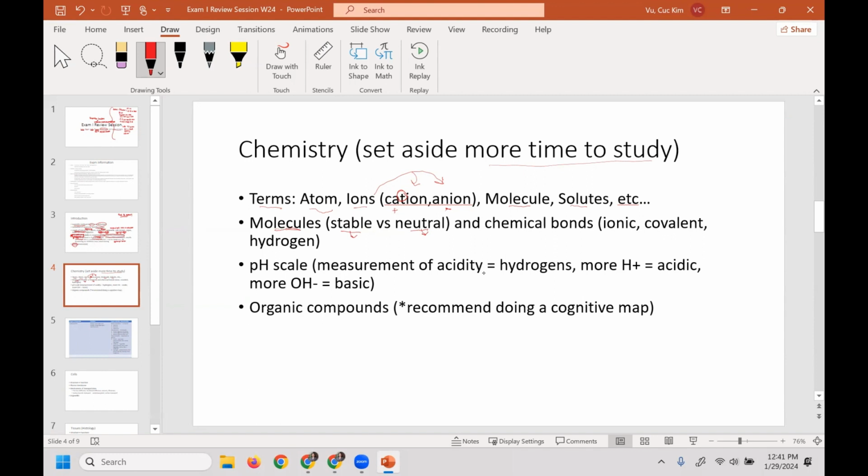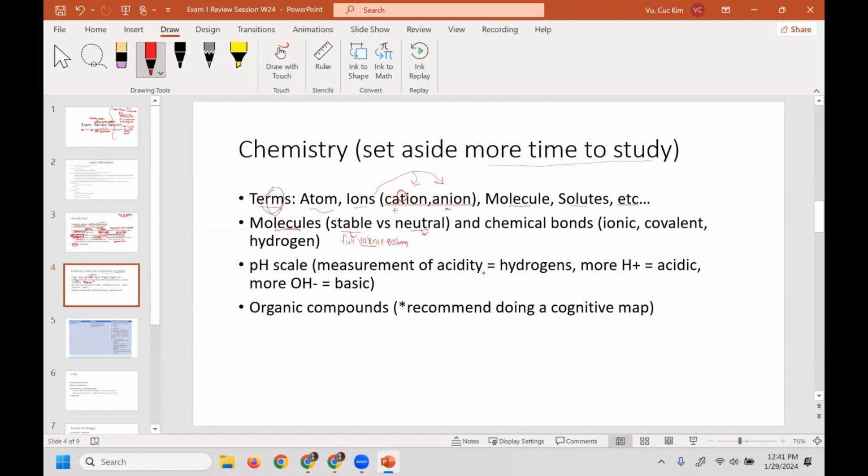I can get us started. So neutral refers to, there you go. Thank you, Anna. So stable refers to when it has the full electrons. Full valence, let's be specific, valence electrons.